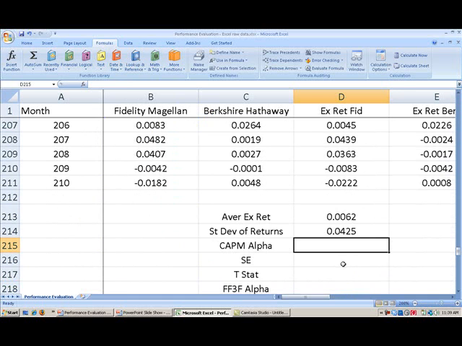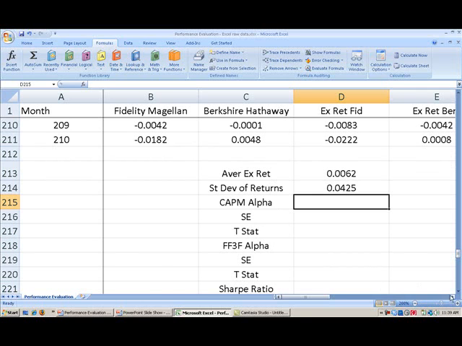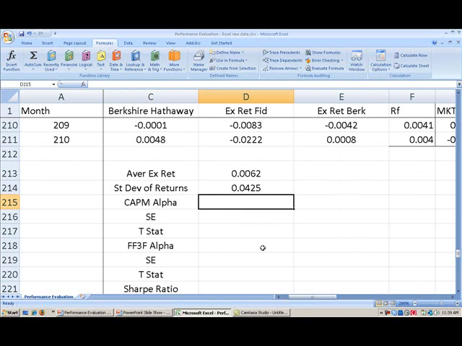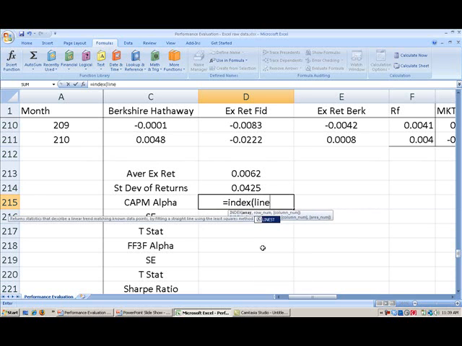Now let's calculate our Jensen's alpha, assuming we're looking at the CAPM. And if you recall, when we last looked at alphas, we used two functions, index and linest, and that's what we're going to do again. So equals index, linest, brackets.